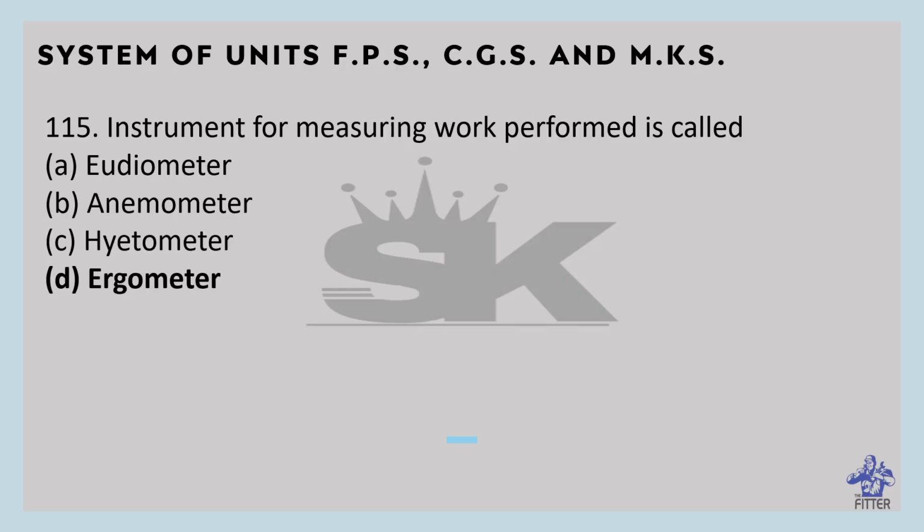Anemometer is used to measure wind speed. Audiometer is used to measure change in volume of gas. Heightometer is used to measure rainfall.